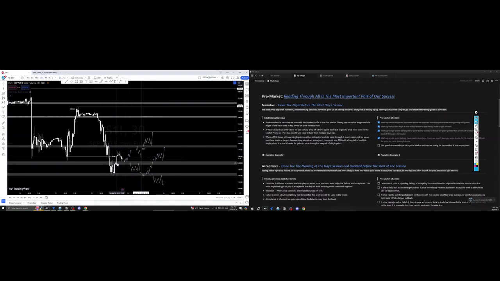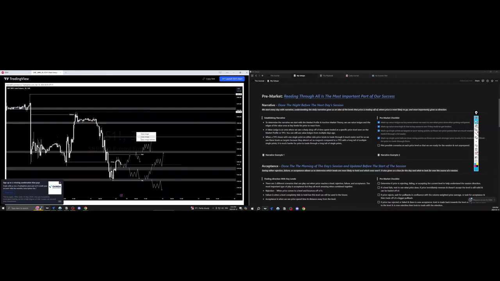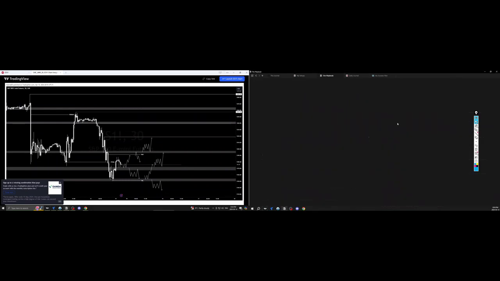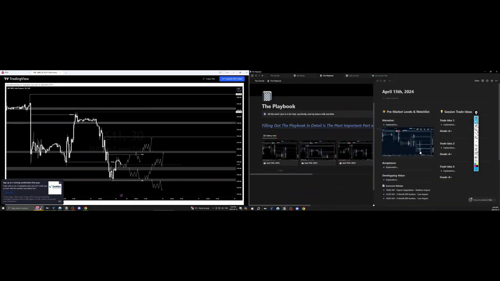Whatever happened before it is important, but the last thing that happened is the most important. The last few hours to 30 minutes leading up to the session, that's the most important part of it. Hey, none of these could be right even. But I'm going to take this, copy this, put this into the narrative.